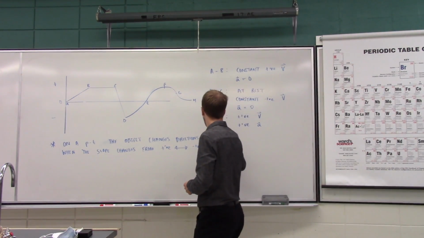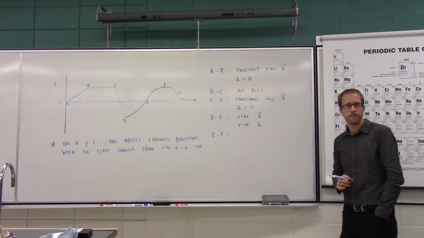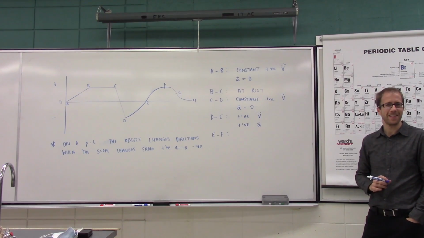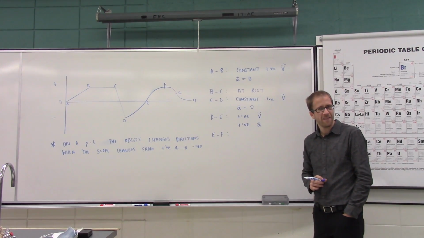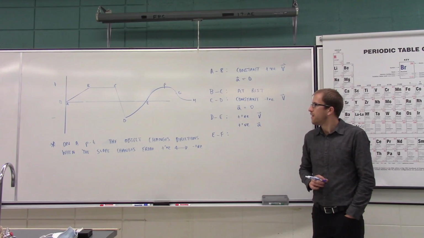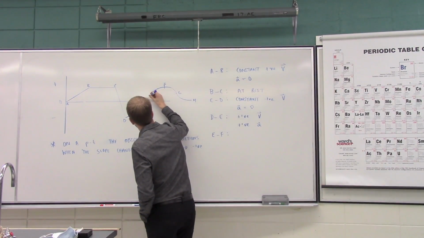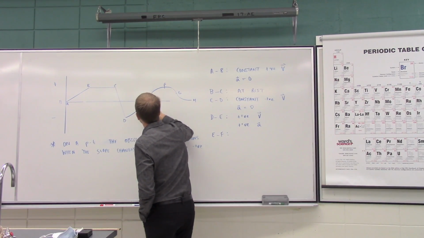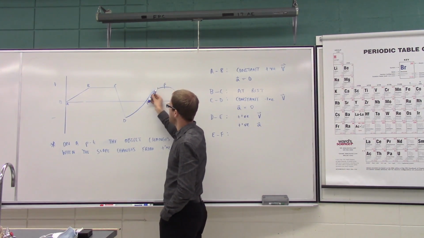How about from E to F? What's happening? Let's hear from Eddie. What do you think? Sabir? I think we're part of it, it's actually, yeah, so I didn't draw this perfectly. I kind of wanted this to be like a completely straight line at this point right here. So your slope is doing this. So what does that mean?